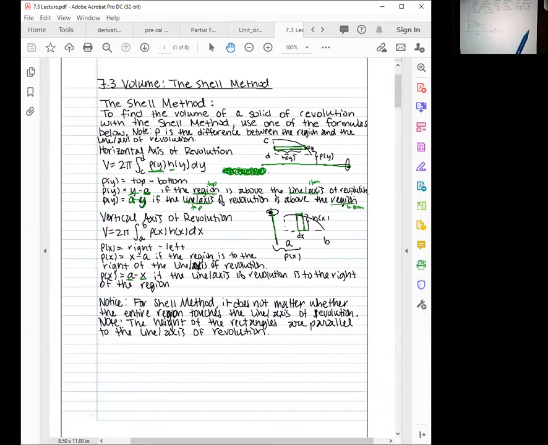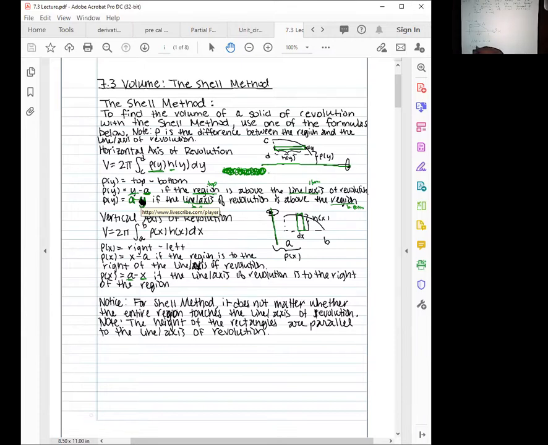And our region is above the x-axis. So we'll just be doing y minus 0, because the axis of rotation is actually the y equals 0 line. So similar to the last example, rho is equal to y minus 0.